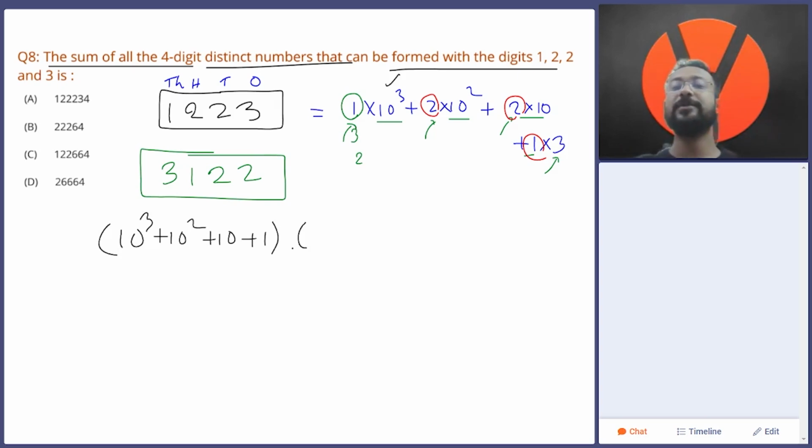This 10 cube is coming with 1, the same 10 cube is coming with 3, the same 10 cube is coming with 2 also. I will not repeat the other 2, because if you repeat it, the same thing will repeat. So should we add like this, 1 plus 2 plus 2 plus 3? Because this 1 is coming with 10 cube, 2 is also coming, the next 2 will again come once, then this 3 will again come once.